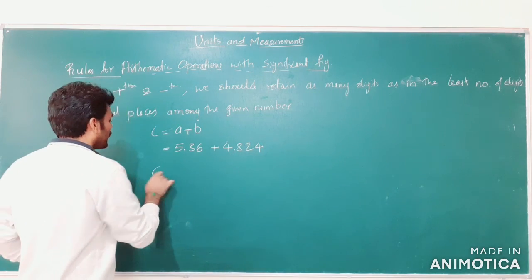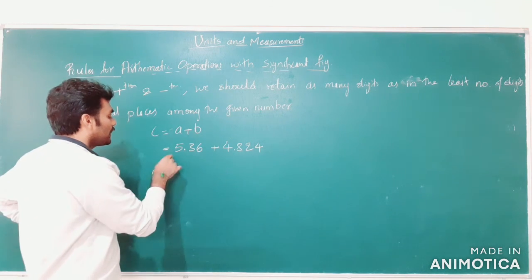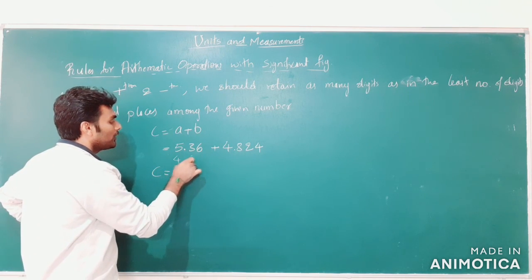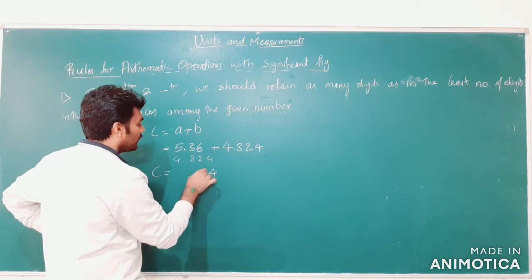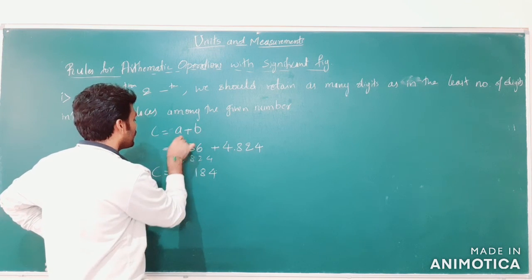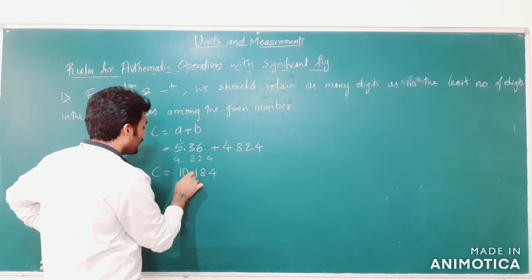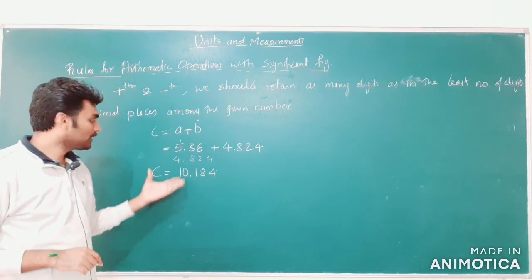Now, if I write the value of C, then the sum or the total that I get is, 5.36 plus 4.824, so it's going to be 10.184. This is the actual mathematical way of keeping the answer.